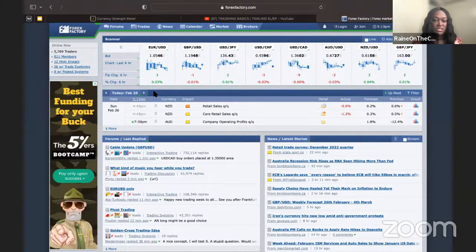I'm going to check the news, and the news, I'm going to see it in a series of folders with different colors. So today, right now, it is Sunday, February 26th, and it's after 5 my time. It will be based on whatever time you have, right? So you're going to see the date here, the time here, whatever the currency is, and what the impact is. So it's 5 o'clock.